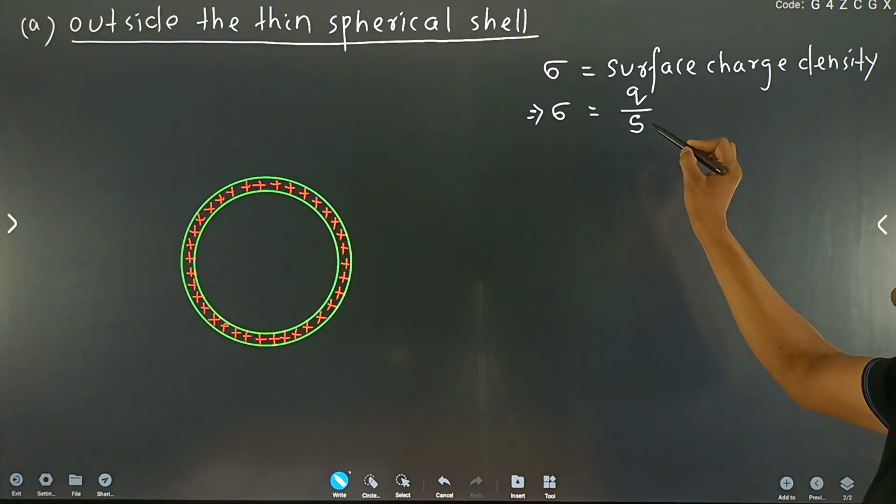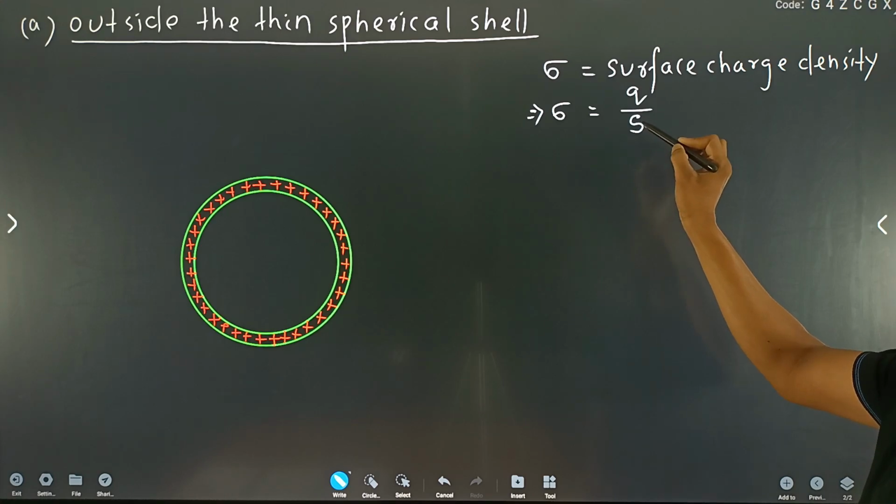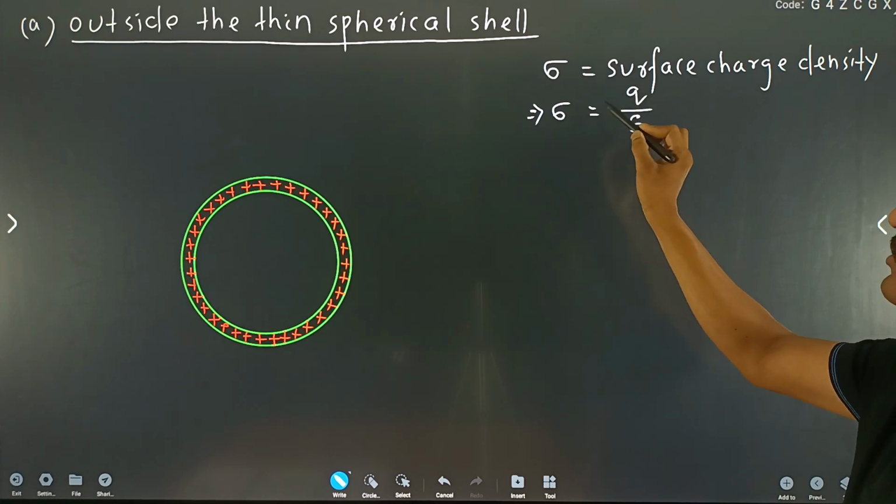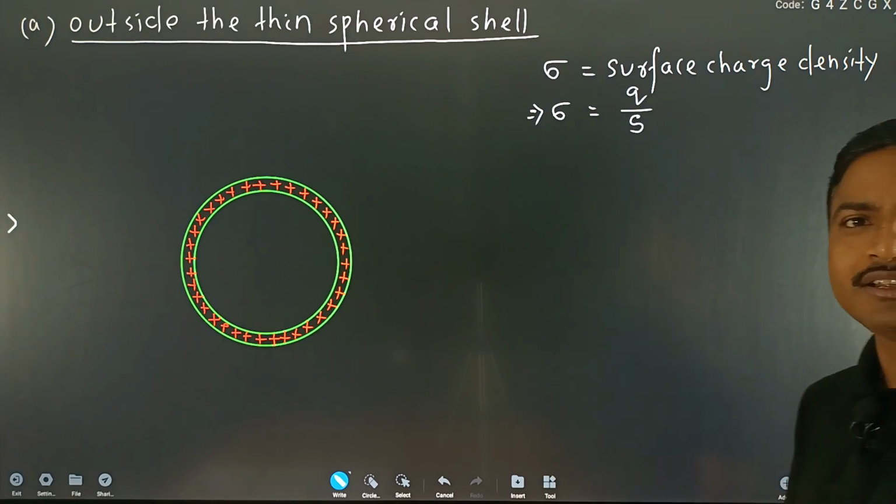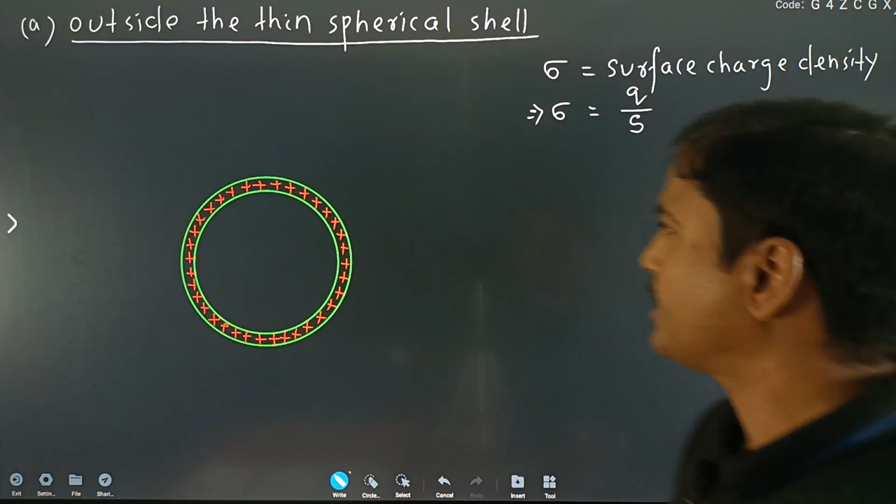And if we take S equal to 1, then Q is the surface charge density. Clear?